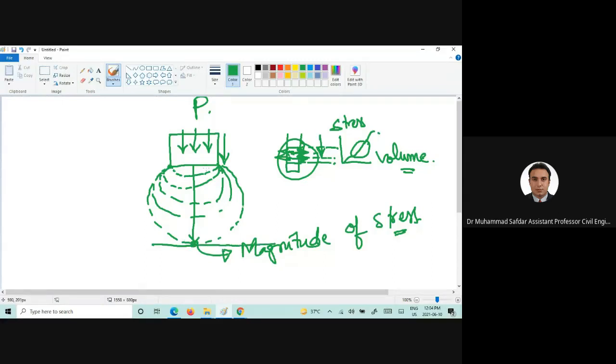The second point is the depth till which the stress will occur. How much and till what depth we need to perform the tests to find out the soil properties, to find out the modulus of elasticities. So these stresses, magnitude and depth, are also important in settlement calculation.